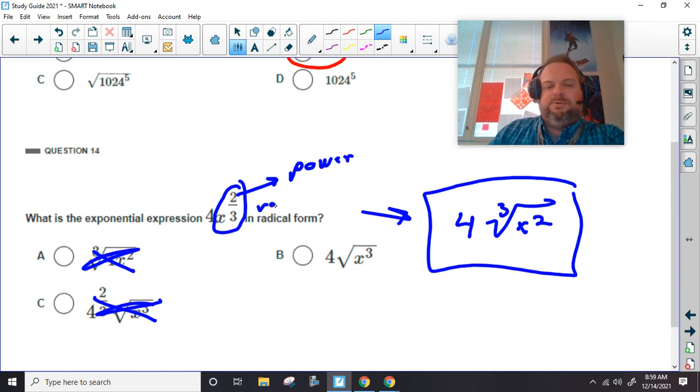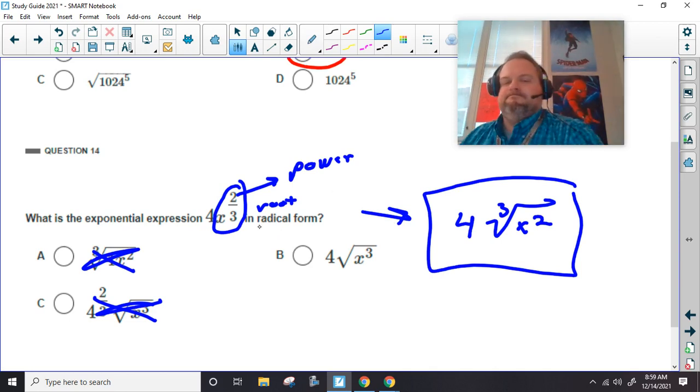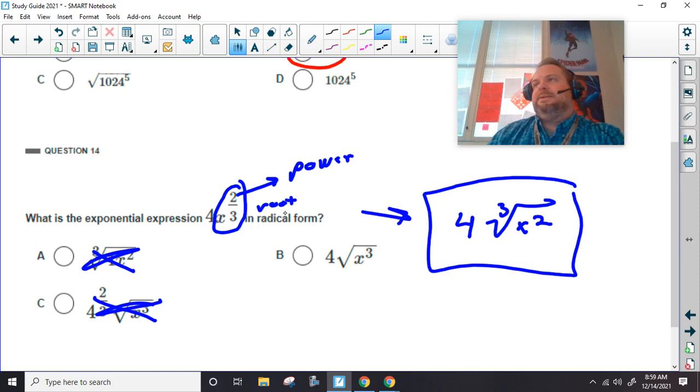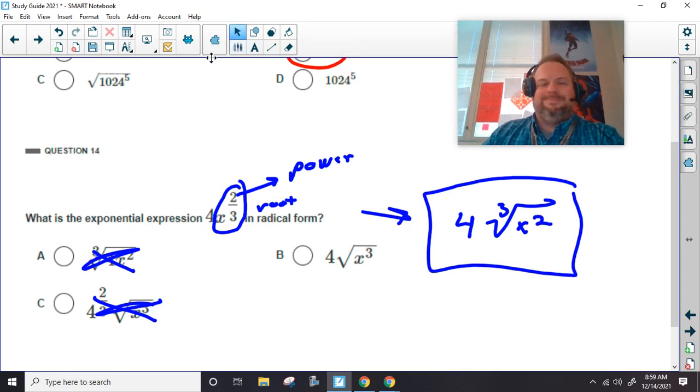The bottom one's the root. You write your own answer. It's not there. I've got to fix that. Not everybody's listening all the time. Yeah. Physically, he was right there. Mentally, he was somewhere nicer.